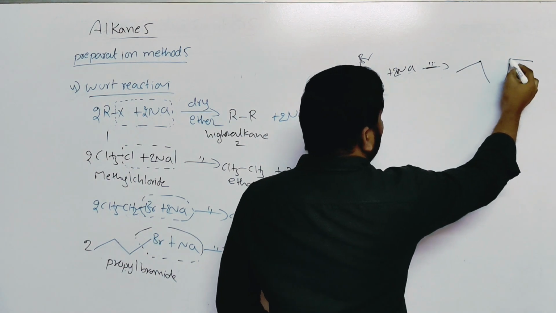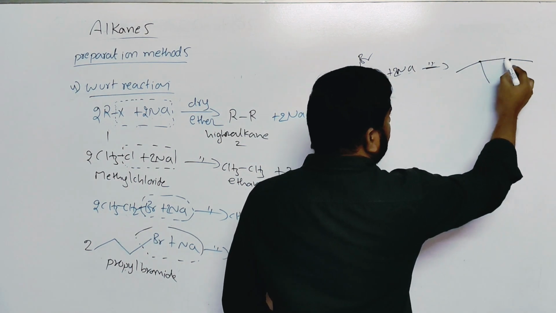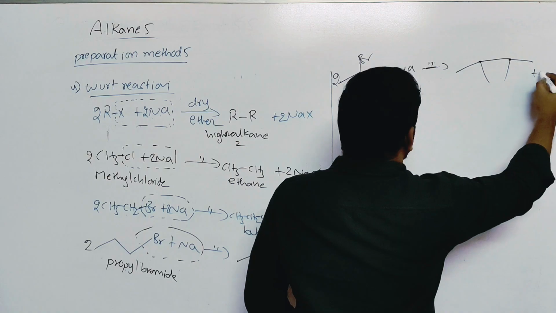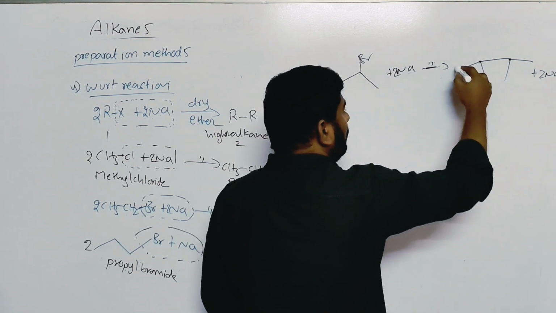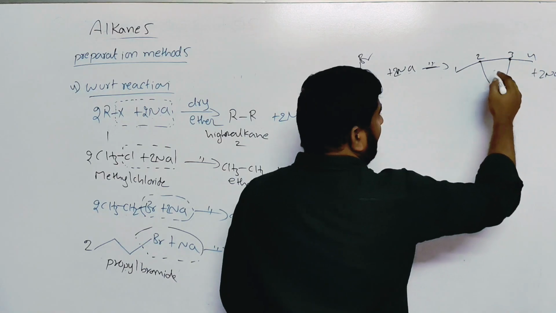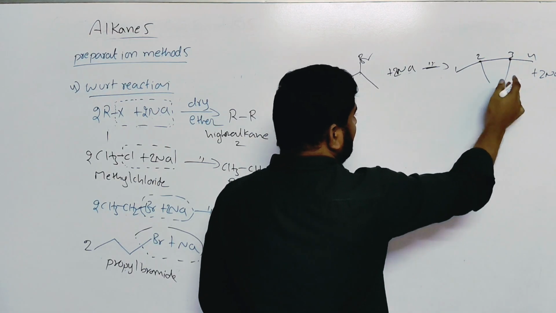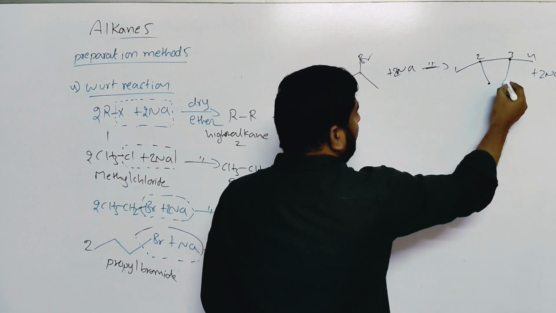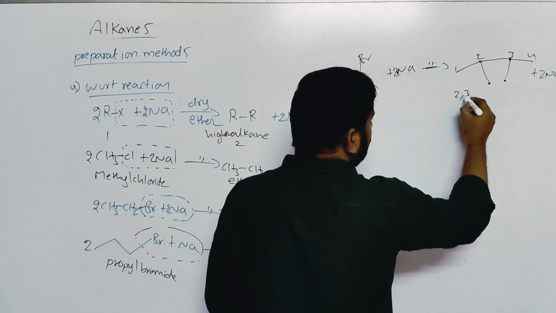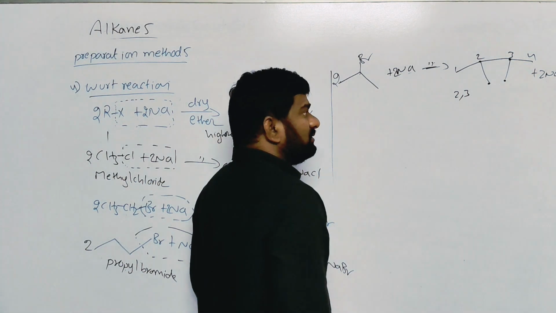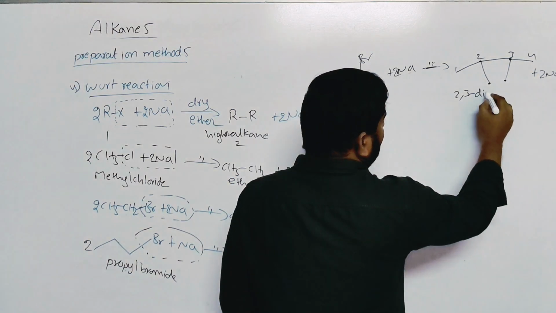Here Br will be removed, and here also Br will be removed. These two have to connect. Then 2 moles of NaBr you will get. What is the name of this compound? 1, 2, 3, 4. At the second and third positions, substituents are there. Methyl groups, one carbon only. So 2 methyl groups are there, at the second and third positions. So 2,3-dimethyl.